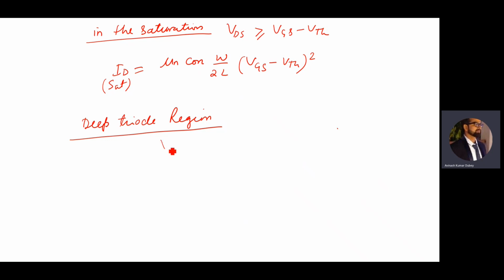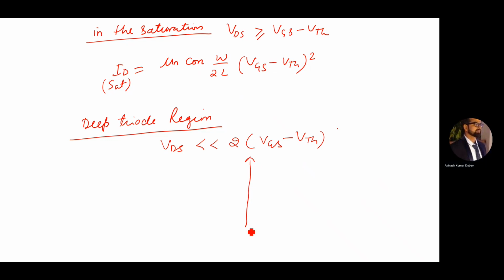In the deep triode region, VDS is very small compared to twice VGS minus VTH, meaning twice the overdrive voltage. Then we can say the device is operating in the deep triode region.